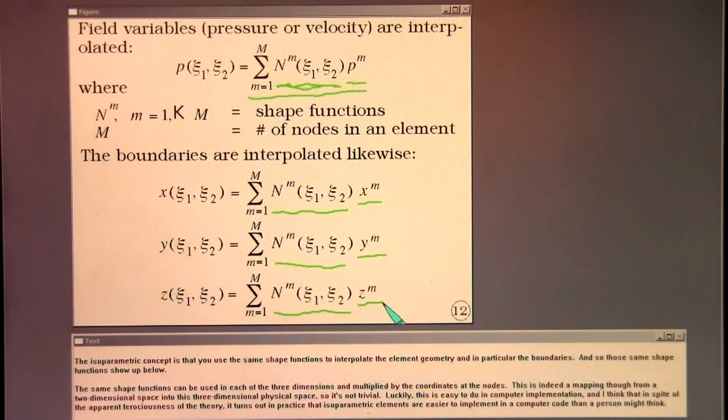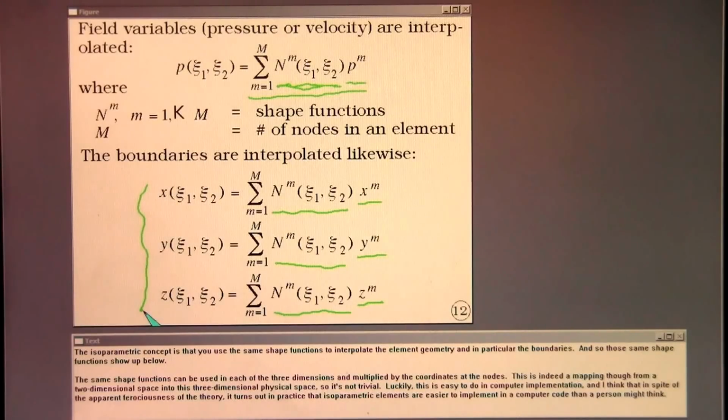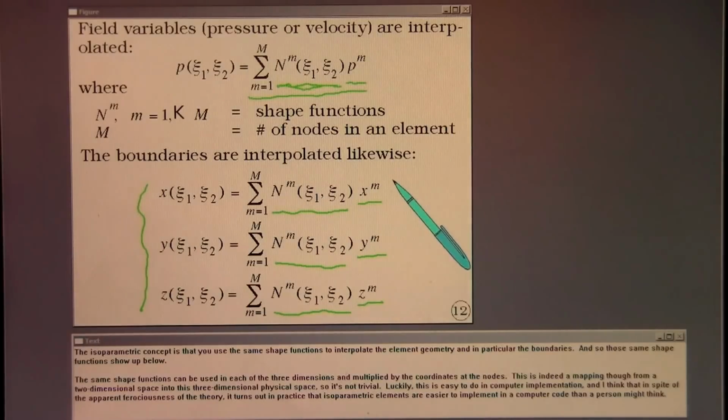This is indeed a mapping, though, from a two-dimensional space into this three-dimensional physical space, so it's not trivial. Luckily, this is easy to do in computer implementation, and I think that in spite of the apparent ferociousness of the theory, it turns out in practice that isoparametric elements are easier to implement in a computer code than a person might think.